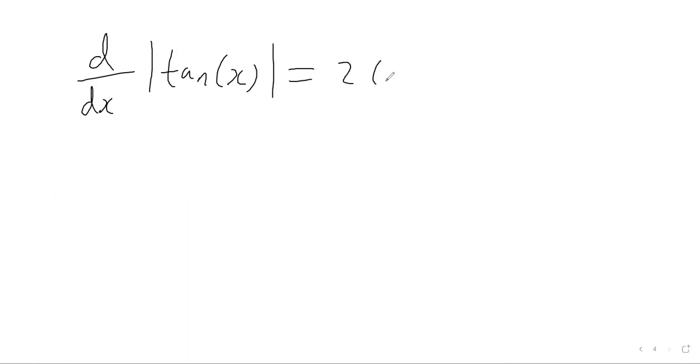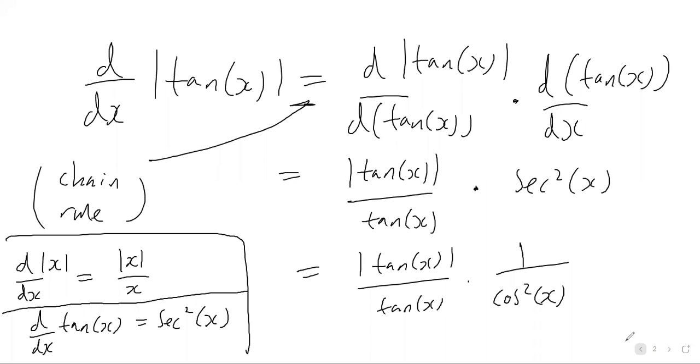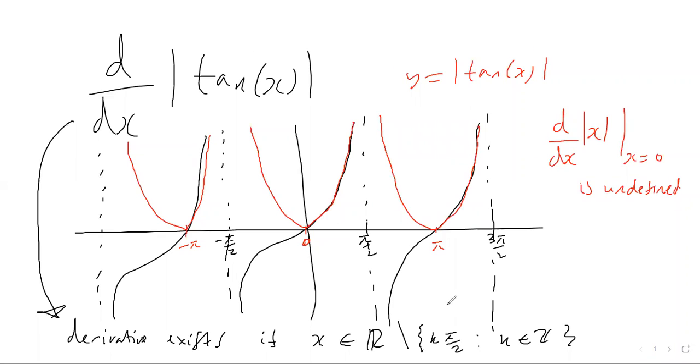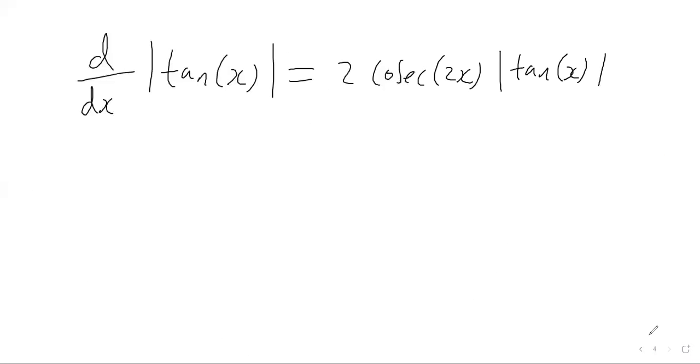Just to summarize, when we differentiate the modulus of tan x, we get 2 lots of cosec 2x multiplied by the modulus of tan x, and the set of values for which this derivative is defined will be all x in the real numbers, apart from any multiple of pi over 2.